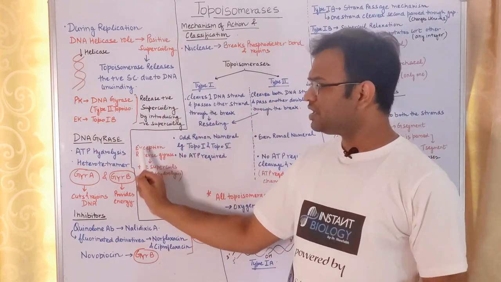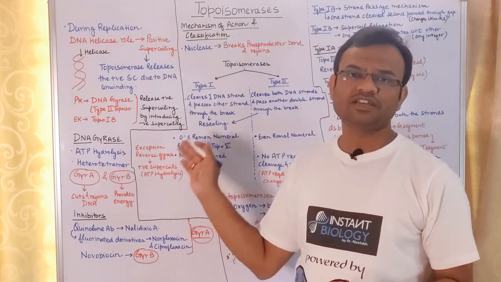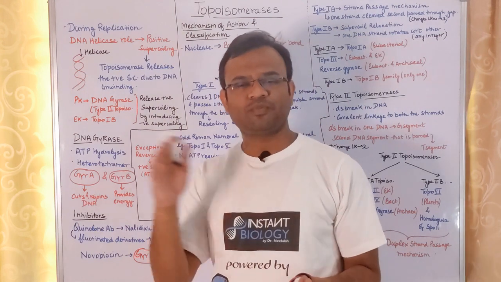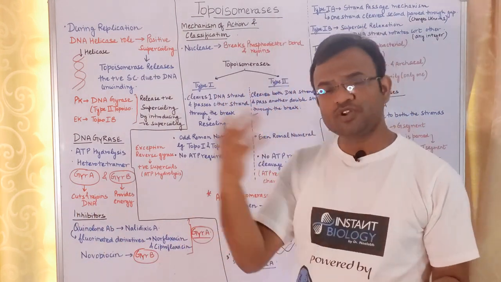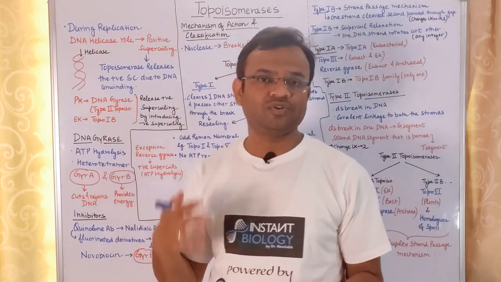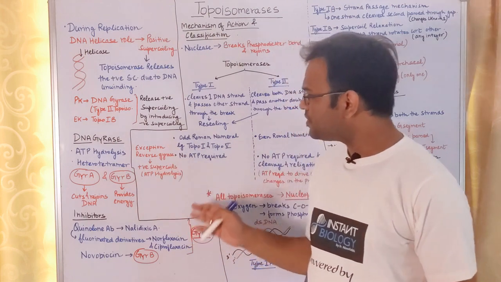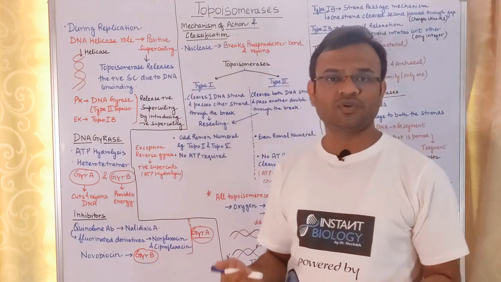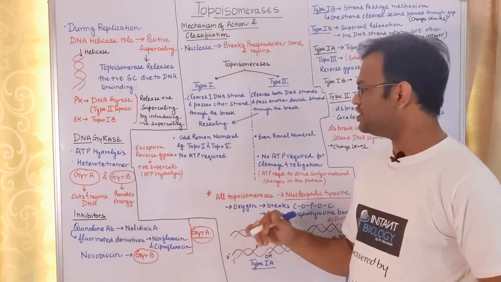I'm just giving you an analogy, a way to learn that reverse gyrase has a functionality entirely opposite to the DNA gyrase. DNA gyrase was producing negative supercoiling in order to neutralize the positive supercoiling created by DNA helicase. But reverse gyrase will create positive supercoiling, and for that it will require ATP hydrolysis.